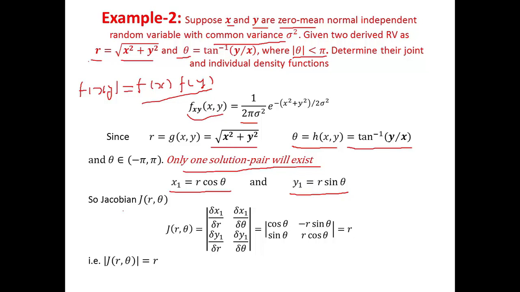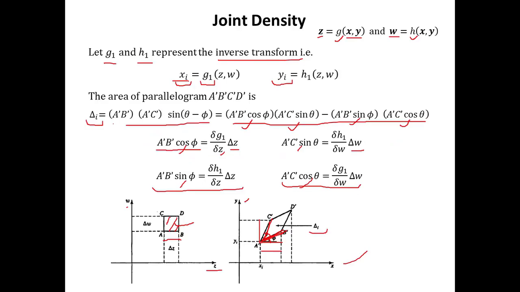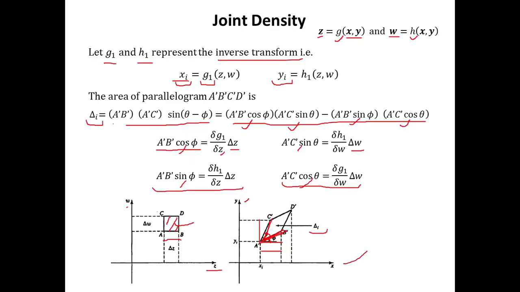So for this, the Jacobian J(r, theta) was defined as del x1 by del r, del x1 by del theta, del y1 by del r, del y1 by del theta, where we have replaced the g1 function by x1, because in the Jacobian we defined del g1 by del z. So in place of g1 we put x1, and in place of h1 we put y1.